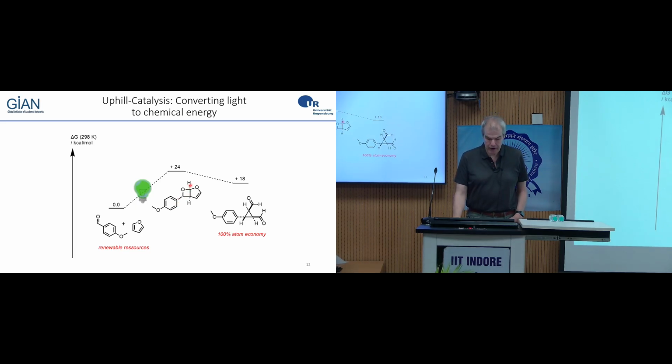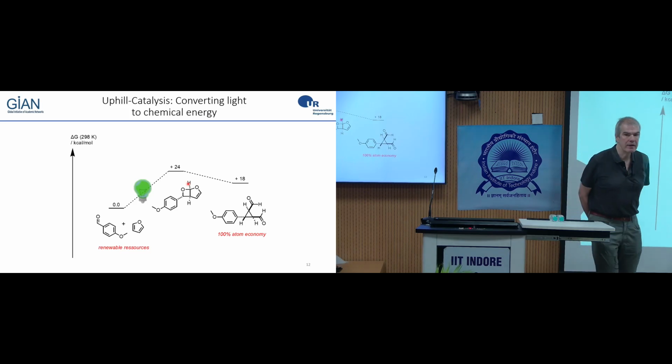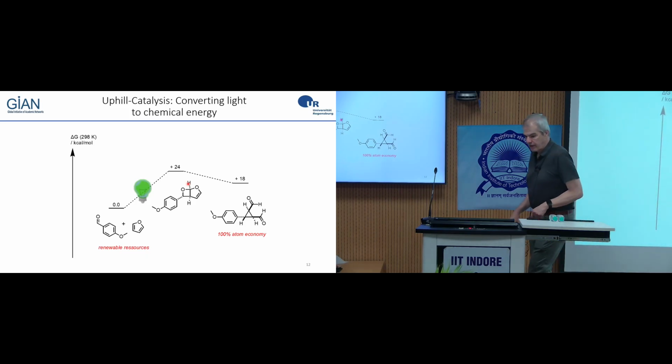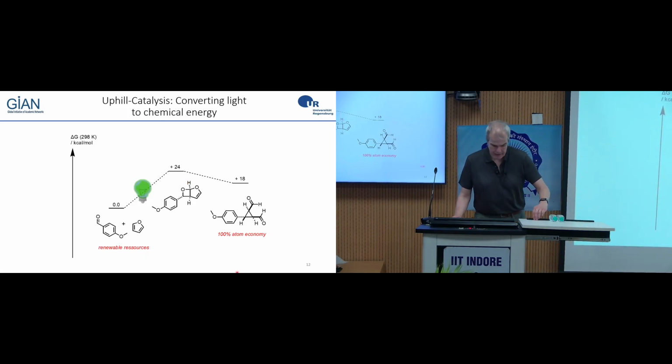Let's just have a quick look at this Paterno-Büchi reaction. The phenyl group is on the same side as the hydrogens. Why is this? I should have put a question to this, but I forgot to do this. Why, from the stereochemistry point of view, is the phenyl group on the same side as these hydrogens here?